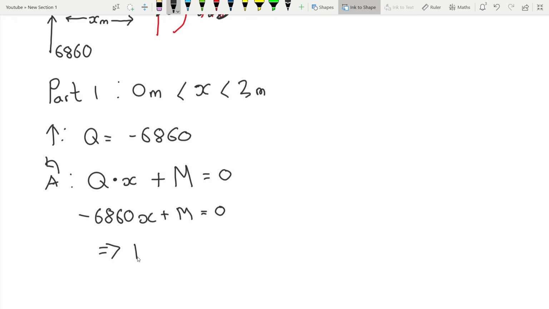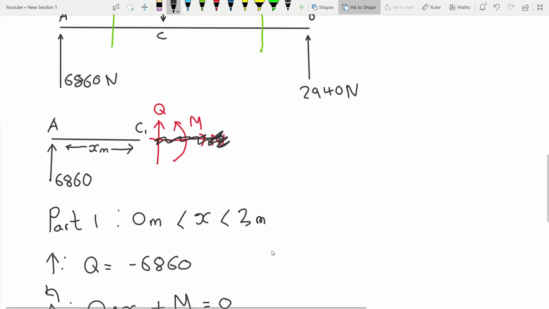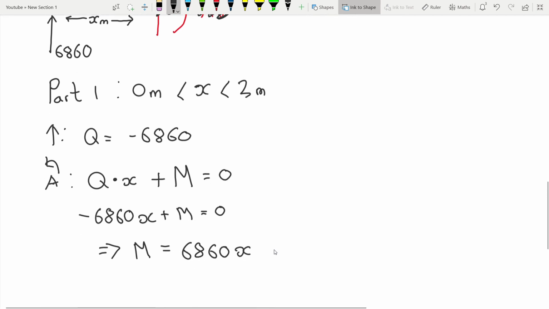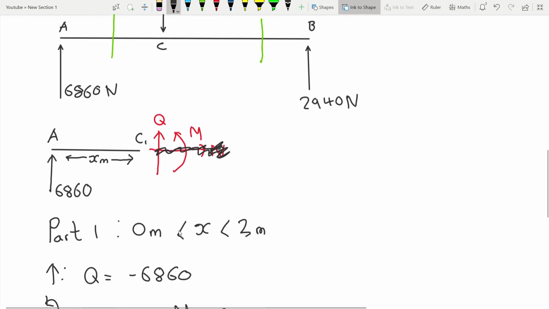Therefore, our internal moment equals 6,860x newton meters. Or no, newton meters.